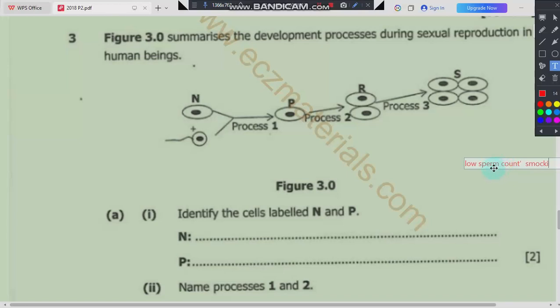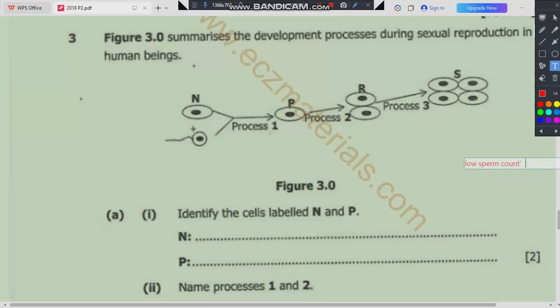And another reason that can cause fertilization not to occur can be accidents. Apart from accidents, it can also be when someone gets castrated. When there's castration, all that is going to cause fertilization not to occur.